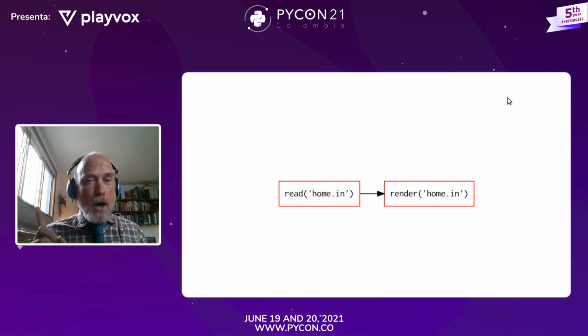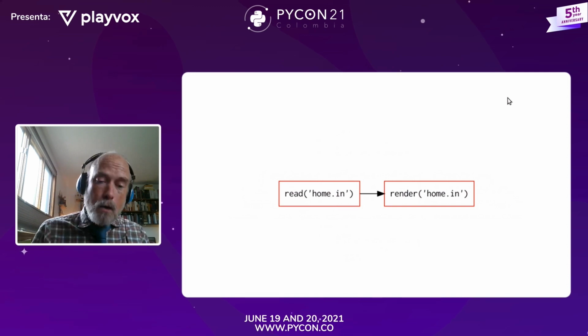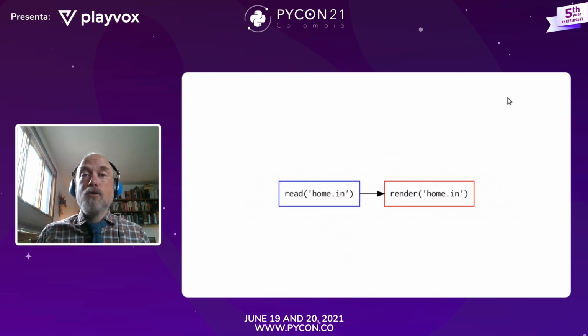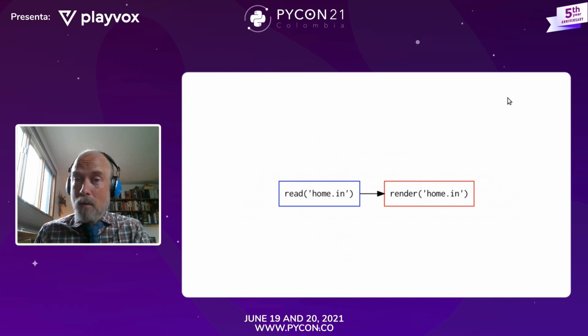So Contingent now knows that read home.in is now running. Read home.in reads the file off of disk, returns a return value, a string with the file content, and render home.in continues running just like normal.